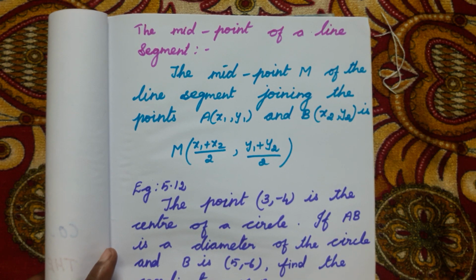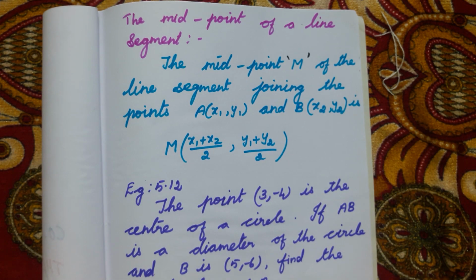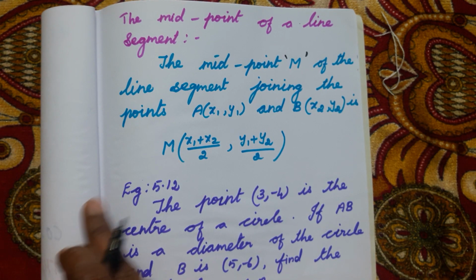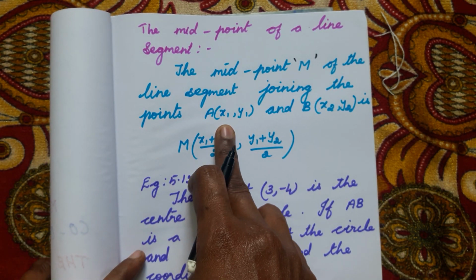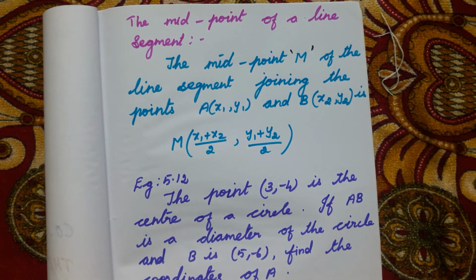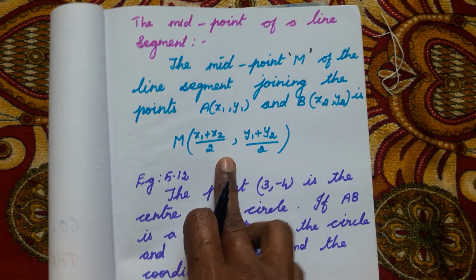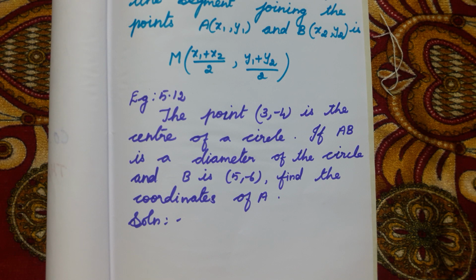The midpoint, we can say the symbol M. Midpoint M of the line segment joining the points A (x1, y1) and B (x2, y2) is given by the midpoint formula: x1 plus x2 by 2, y1 plus y2 by 2.